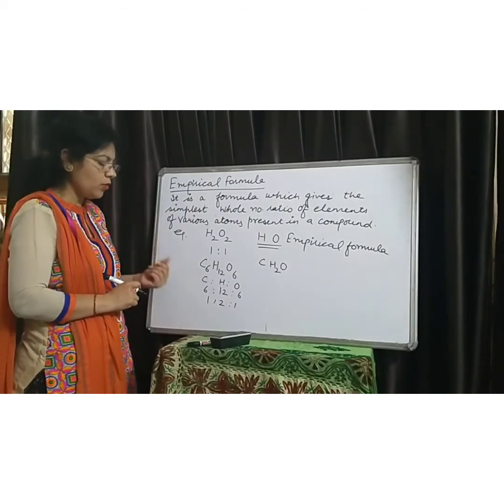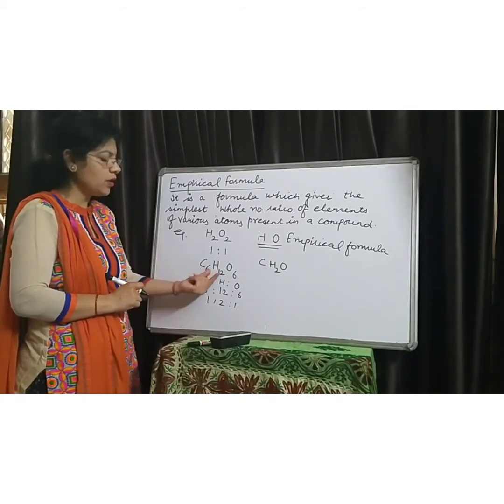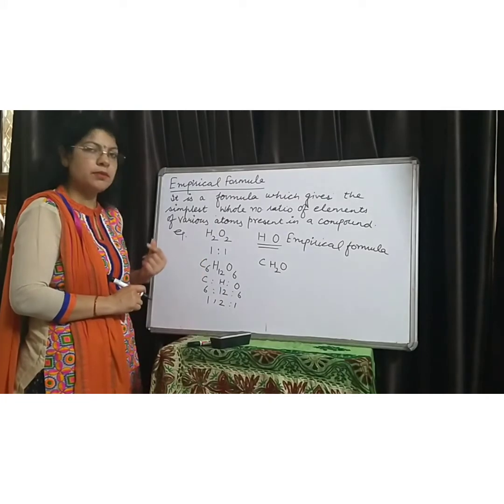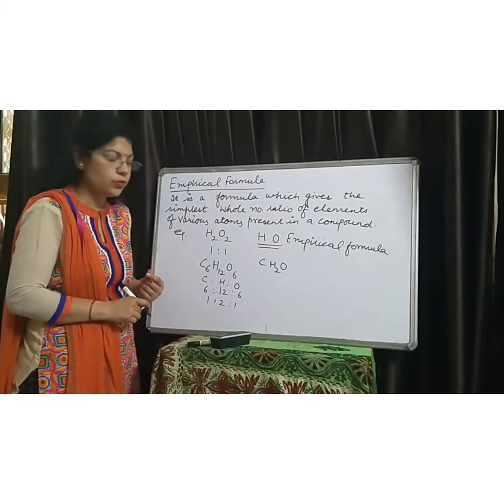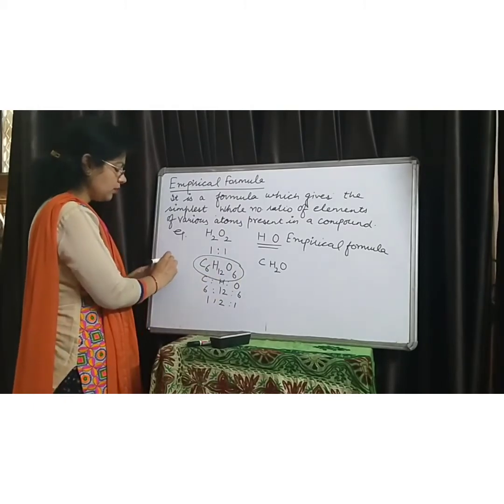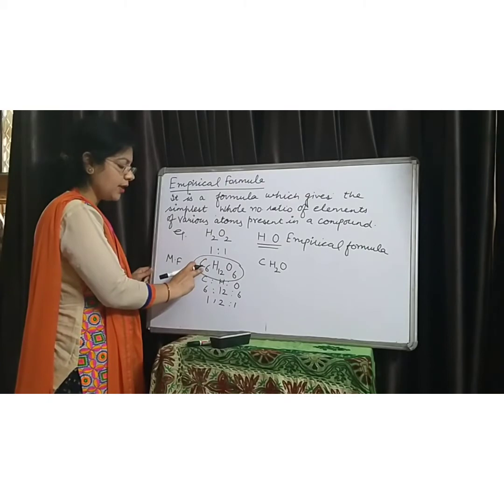Now, what is the molecular formula? The molecular formula is the formula which gives the actual ratio of the elements of the various atoms present in the molecule. As this is the molecular formula, it gives the actual ratio of the elements.